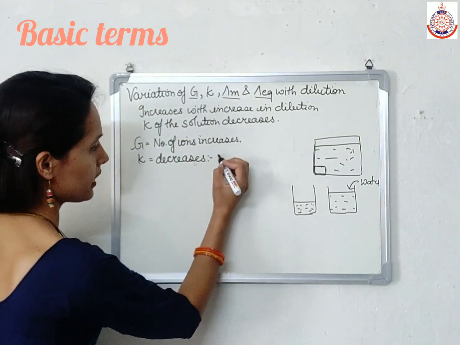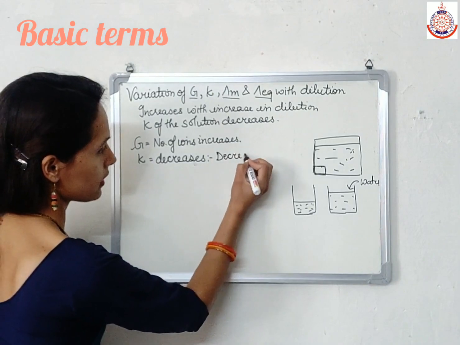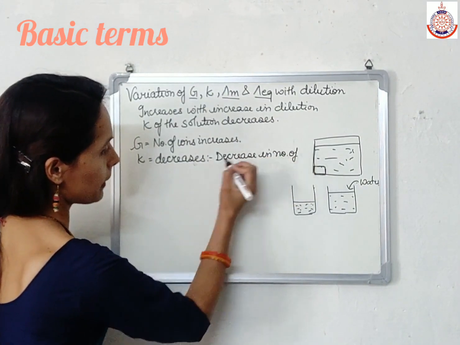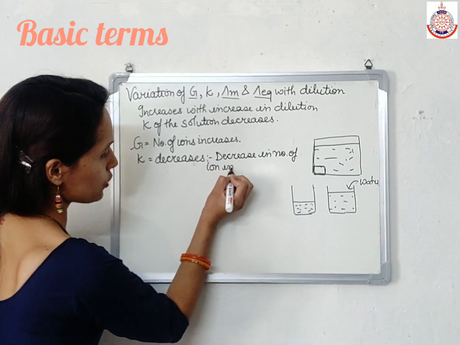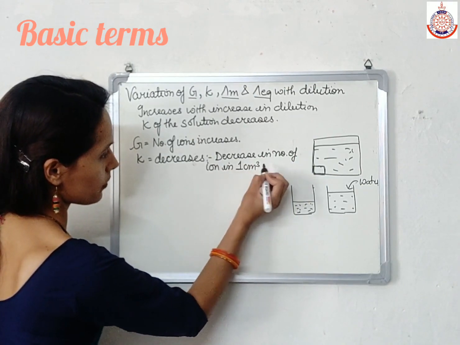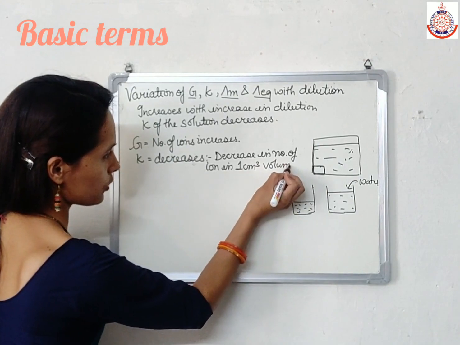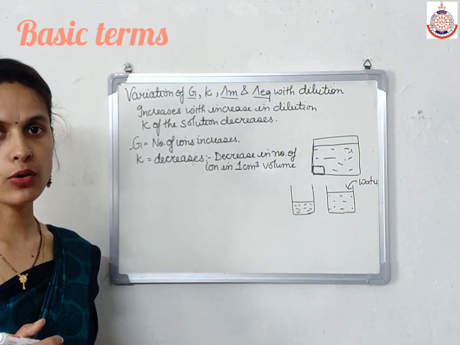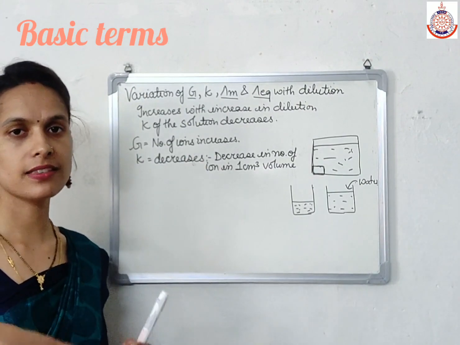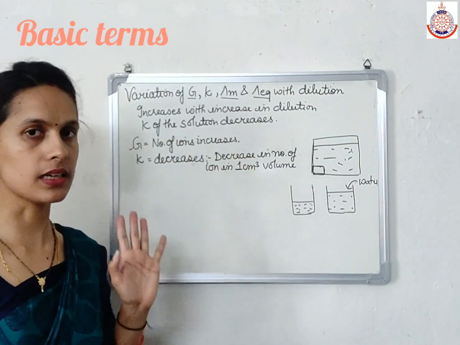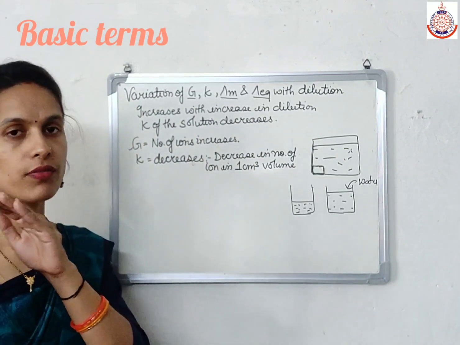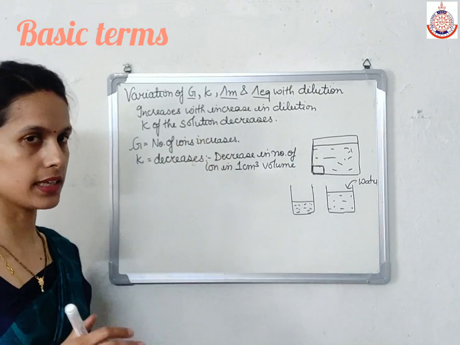Due to the decrease in number of ions in 1 centimeter cube volume. But overall the ions increase. In overall system the number of ions increases, therefore conductance increases. But at a particular volume, the number of ions decreases, therefore K decreases.